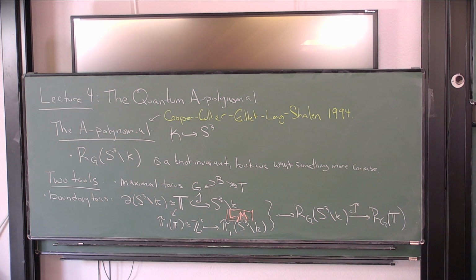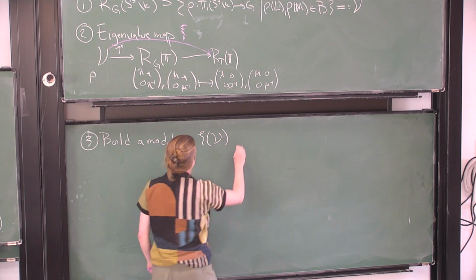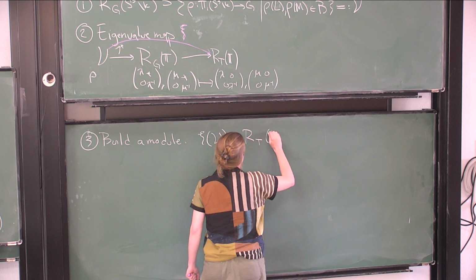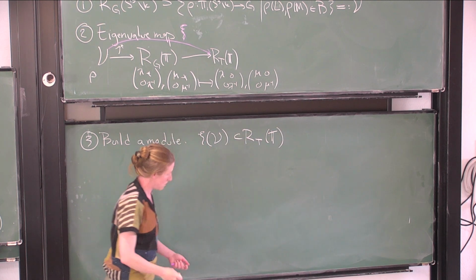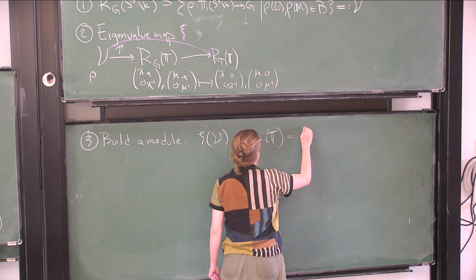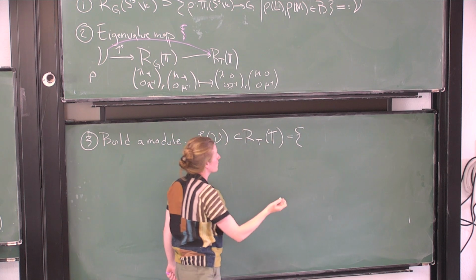What's my module going to be? Well, I'll take the image of my nice subspace inside of RT, the torus. Let's think a little bit what this looks like. Yesterday I talked about RG of the torus, G some reductive group.